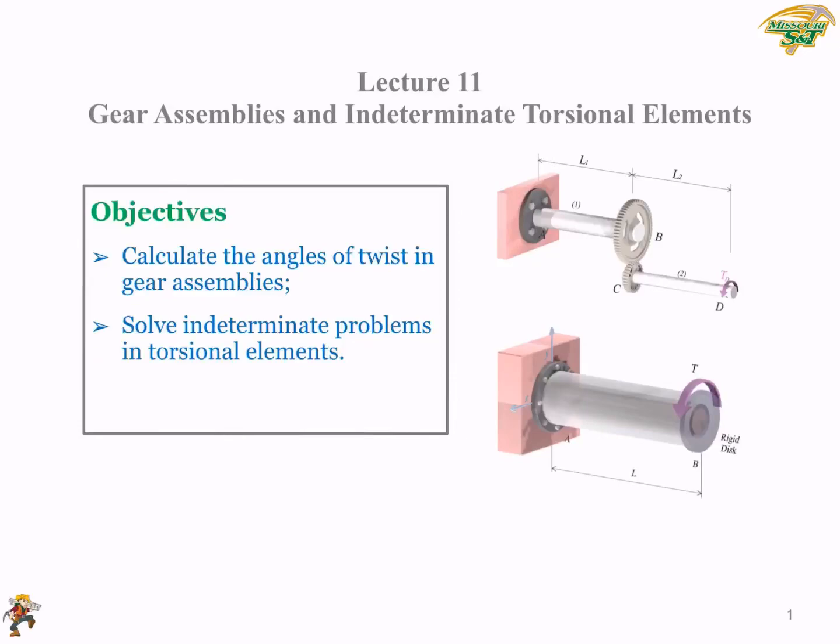In indeterminate problems, you will be able to use a free body diagram to build equilibrium equations. Then you will figure out that the number of unknowns will be more than the number of equations you can build. That means you need to write additional equations based on compatibility to solve these problems.